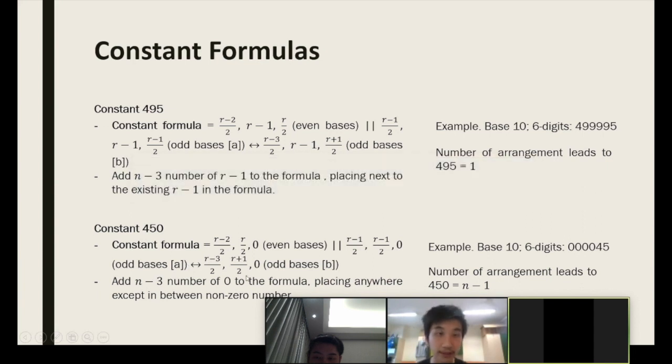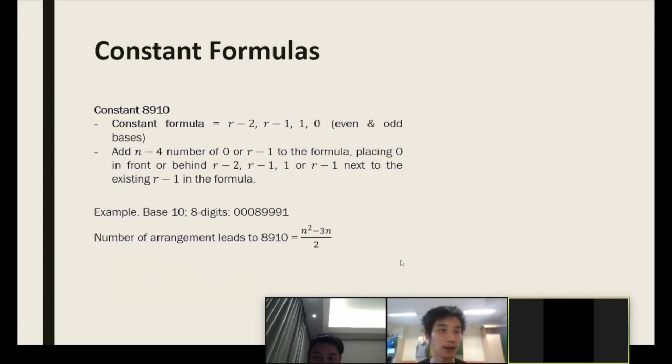And this formula can also be used for any number of digits. For 8910, it starts from a 4-digit number and can also be used for any number of digits. And this is when the largest and the smallest digit are any distance apart, except for when they're in the first and the last, or when they are directly next to each other.